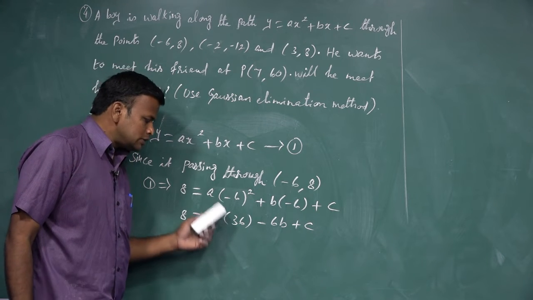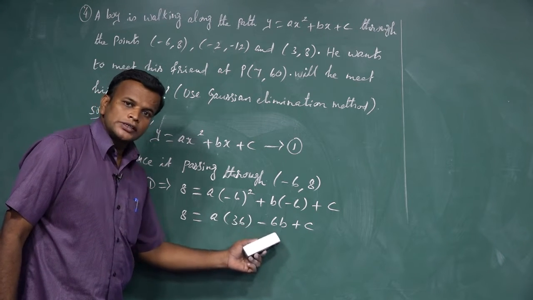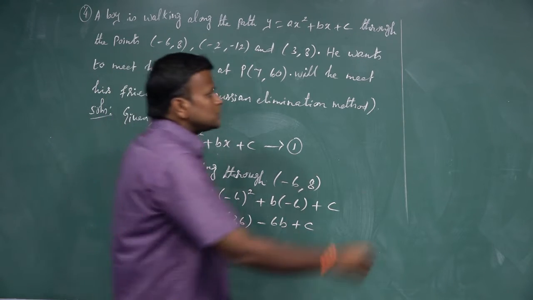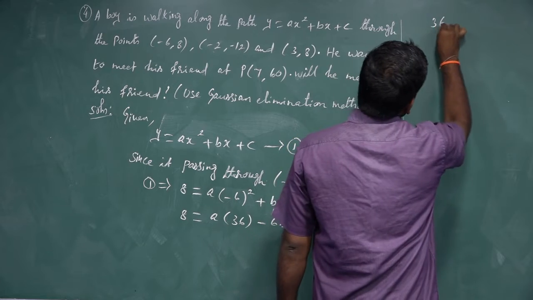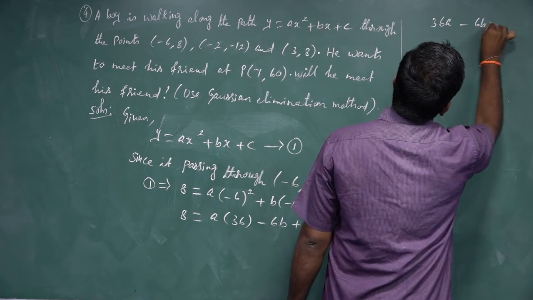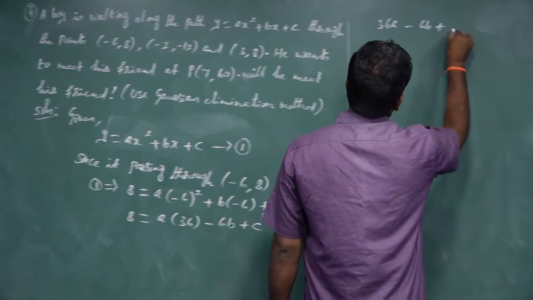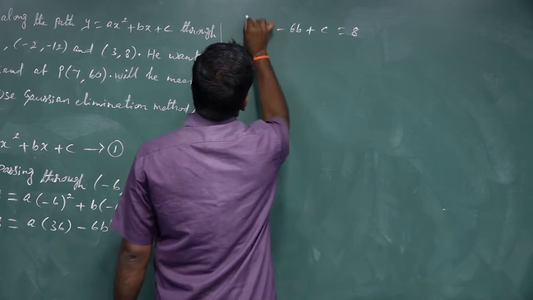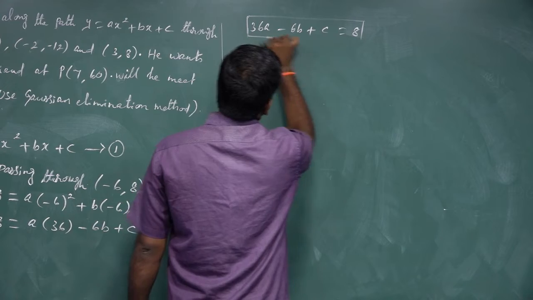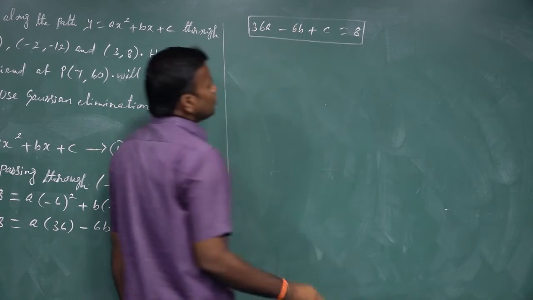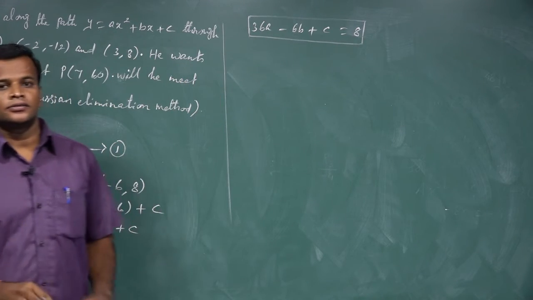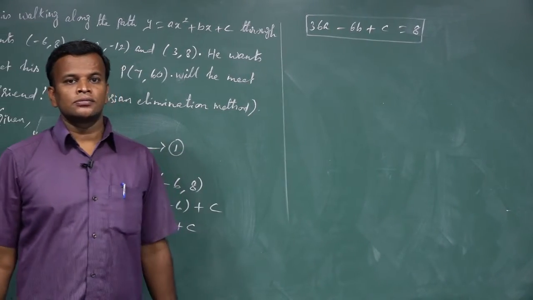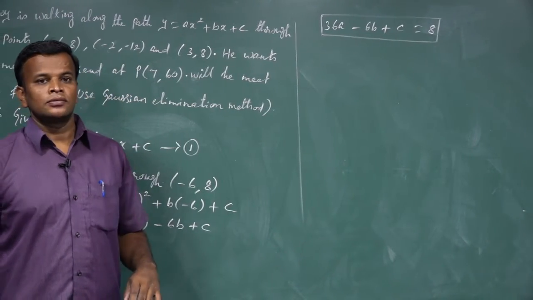So the equation is 36a minus 6b plus c is equal to 8. Now we have formed the first equation from the given data. Using the same manner we frame the other two equations.